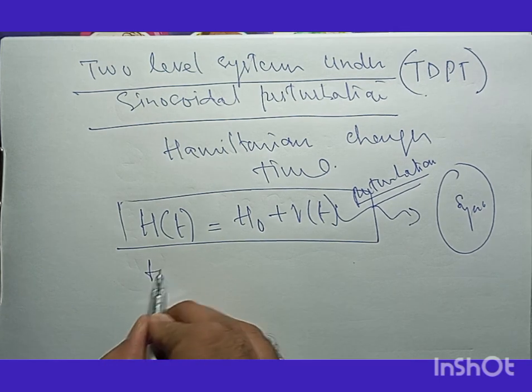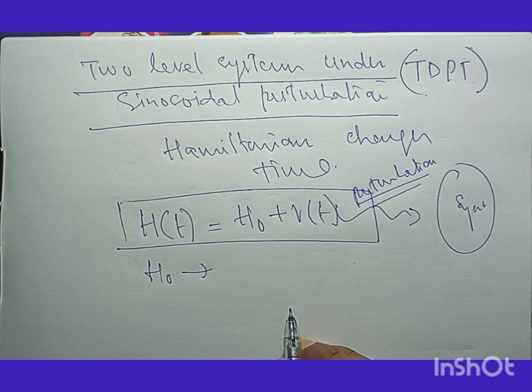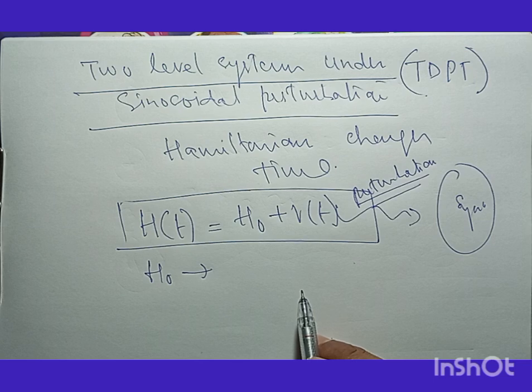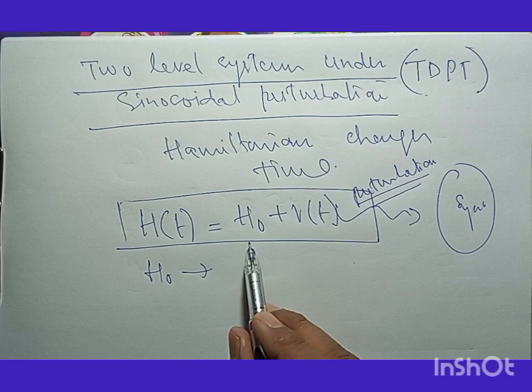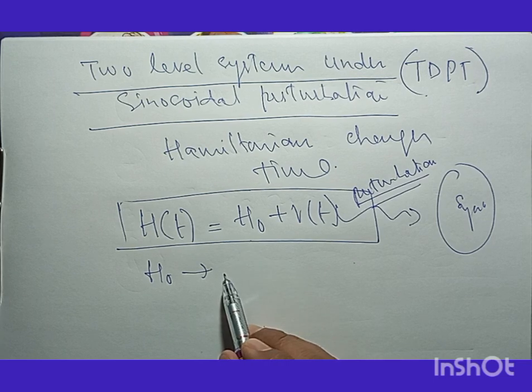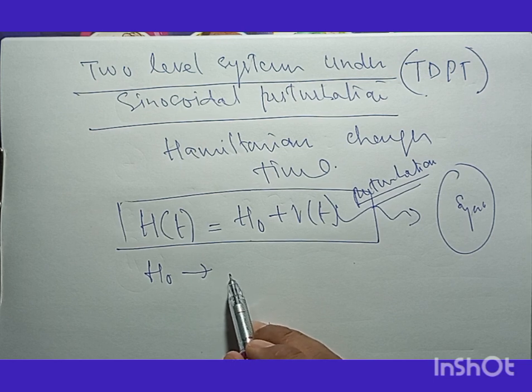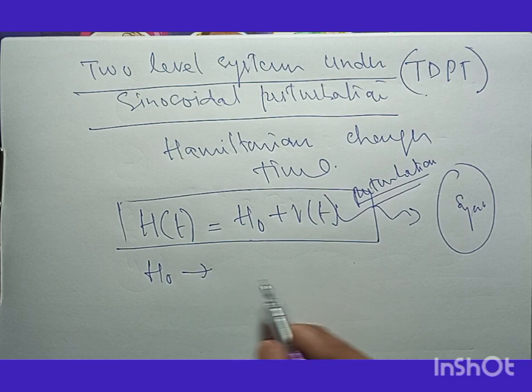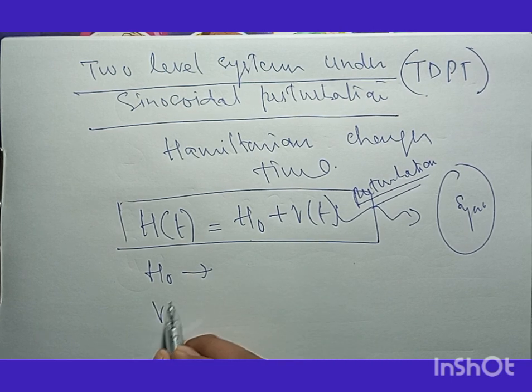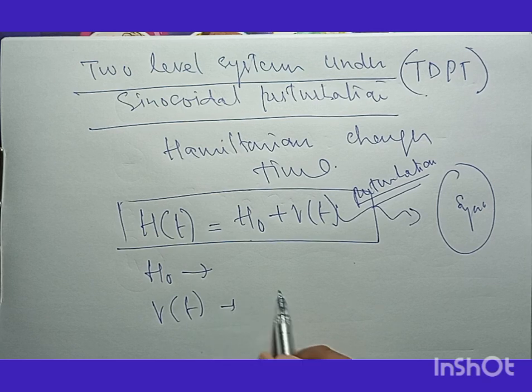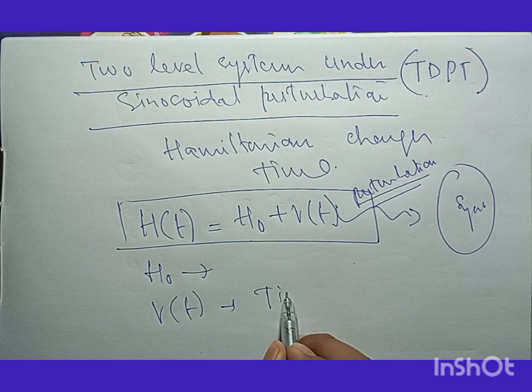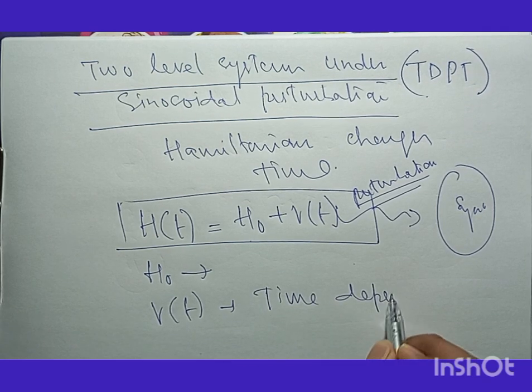Where, as we understand, H naught is the unperturbed Hamiltonian, and it's a completely solvable system where we know the eigenstates and eigenvalues, the eigenstates and energies. The next term is V of t, and this V of t is time dependent.